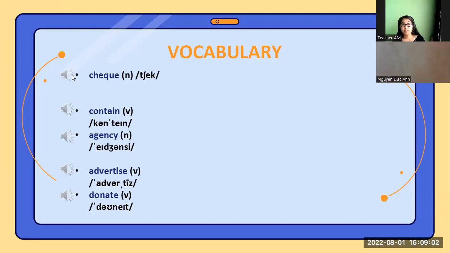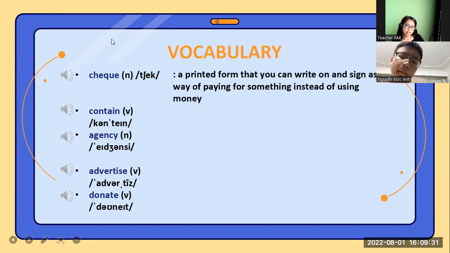What's the meaning of check for you? The paper note that has a lot of money.